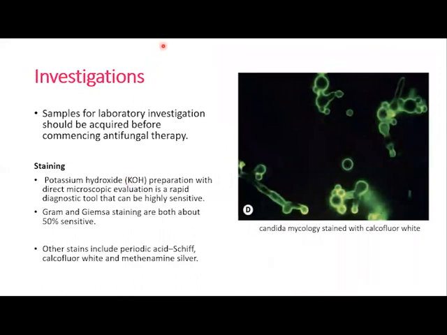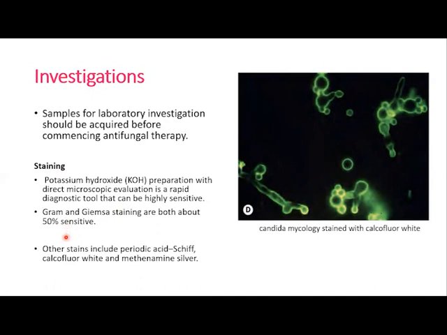Next, investigations. Samples for laboratory investigation should be acquired before commencing antifungal therapy. Staining with the potassium hydroxide preparation, with direct microscopic evaluation, is a rapid diagnostic tool and it is very sensitive.